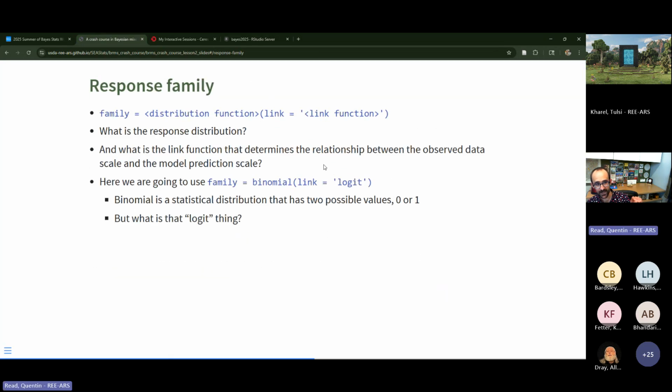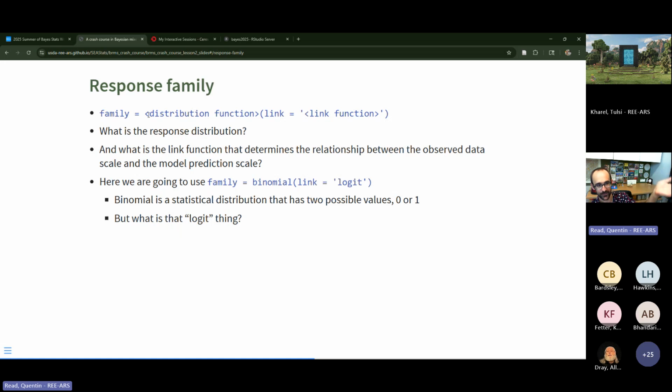And how do we set up a generalized linear model in brms? You have to use a new argument we haven't seen before in a brm model. Family equals some function of a distribution, parentheses, link equals the link function. Okay, what does that all mean? Well, the distribution function is saying, what is the error in the model?